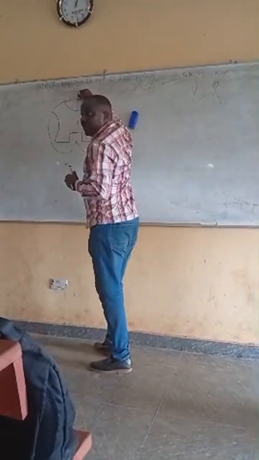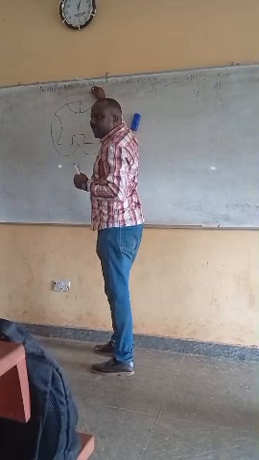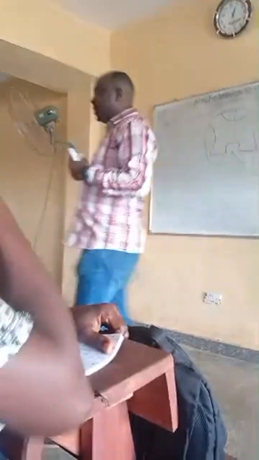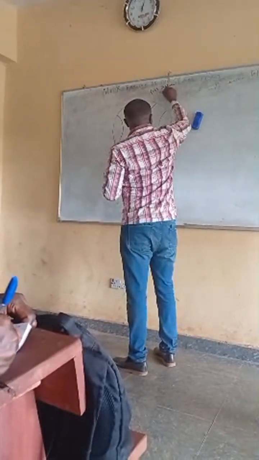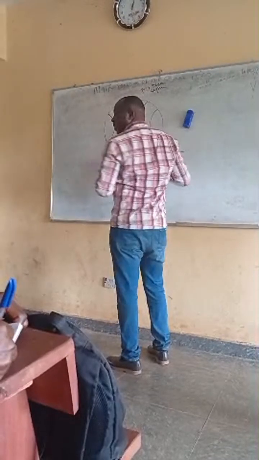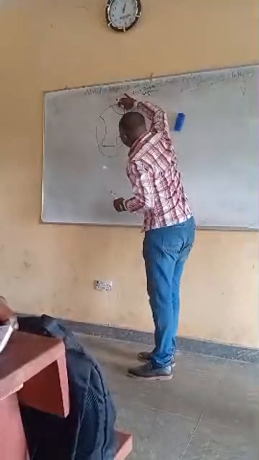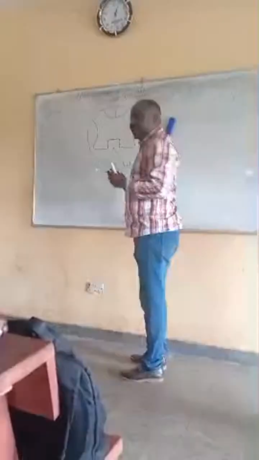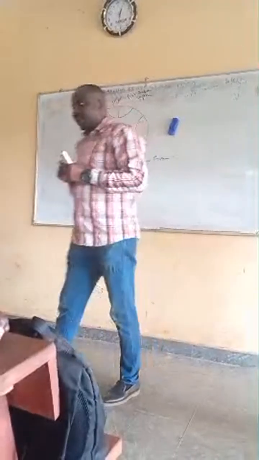You remember your neural anatomy now? This is the posterior medial septum. This is the anterior medial fissure. This is white matter, the whole of this is white matter. This is your dorsal column, where you have the gracile and the cuneate fasciculus.